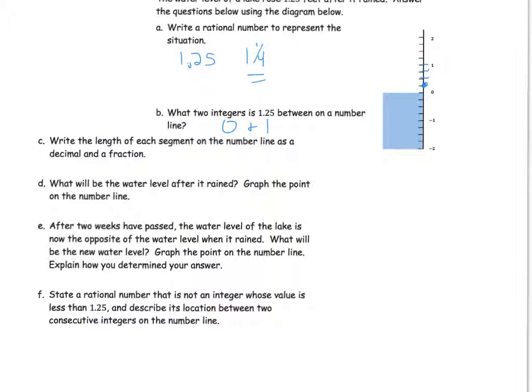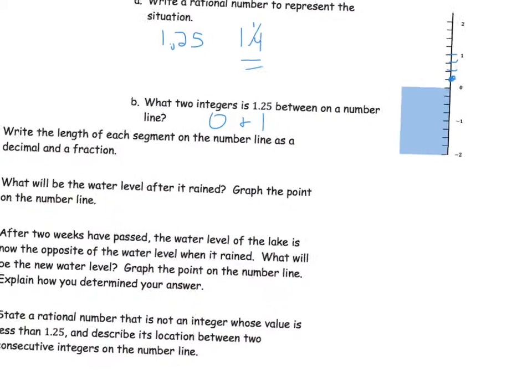So the next thing we're asked to do is write the length of each segment on the number line as a decimal and as a fraction. So I just named the point. So I'm going to blow this up and I'm going to show you what I mean by that.